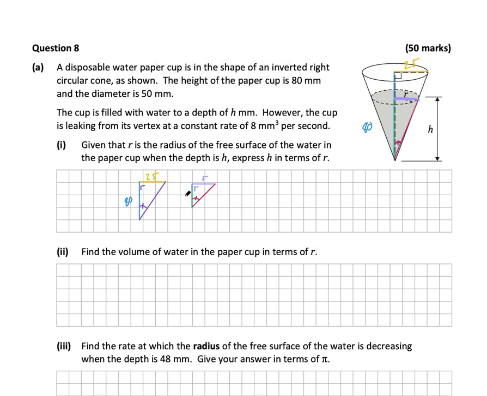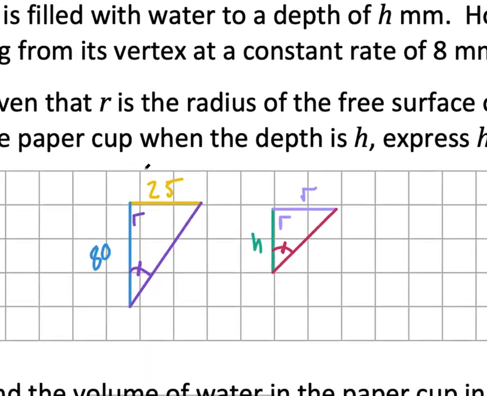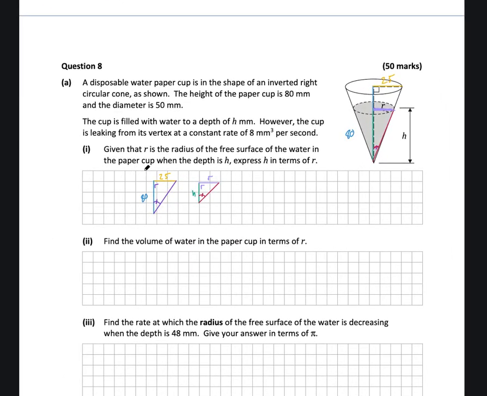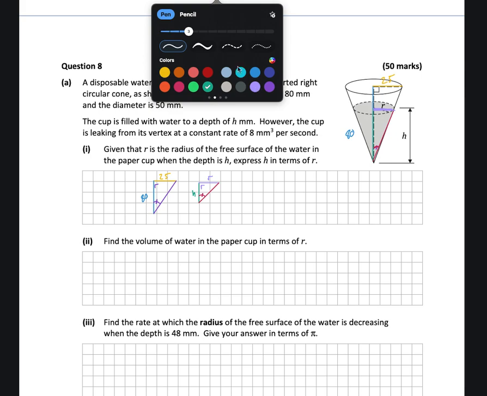That's the h there. All a similar triangle is, is that I've either zoomed in or zoomed out on the same triangle, and I've changed just the values, but the ratio, the comparison of r to h, is going to be the same ratio. And the same in maths means that they're equal.